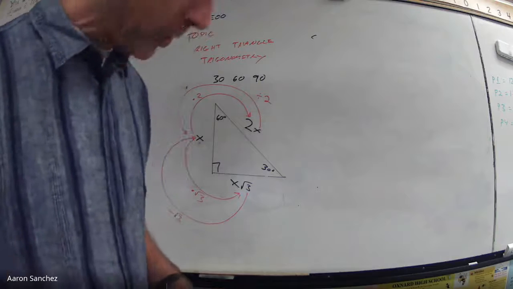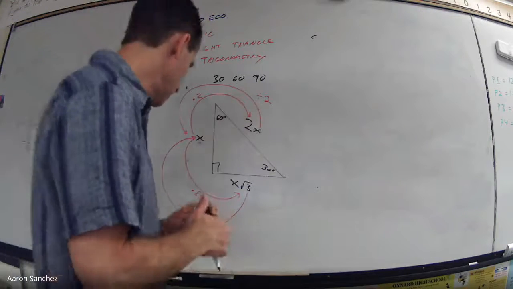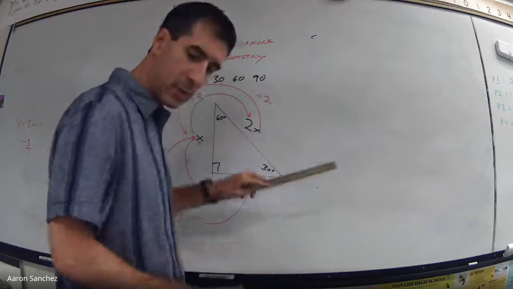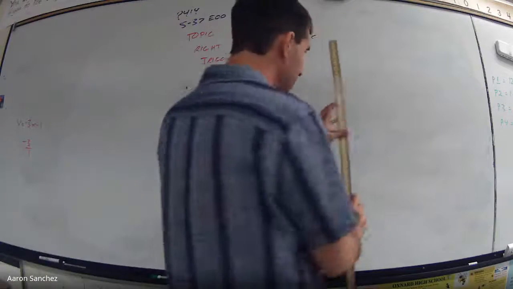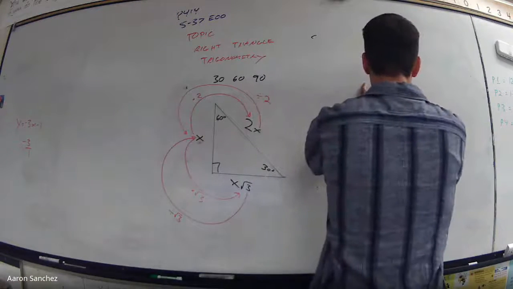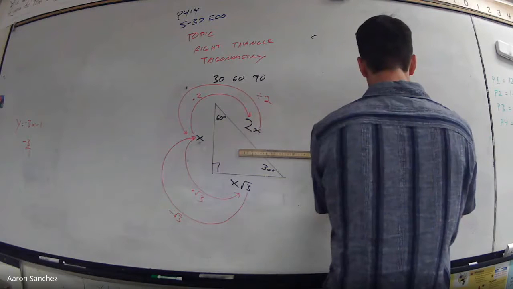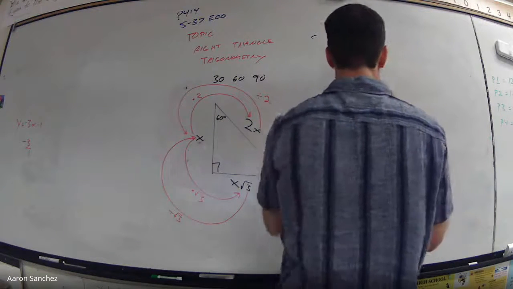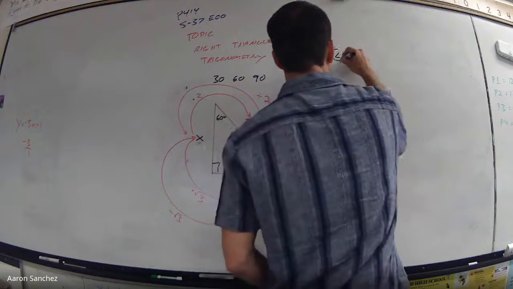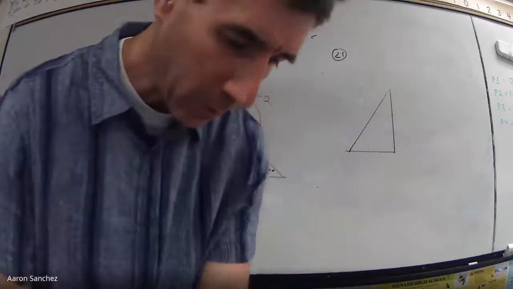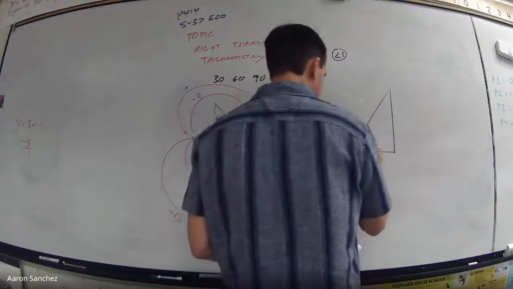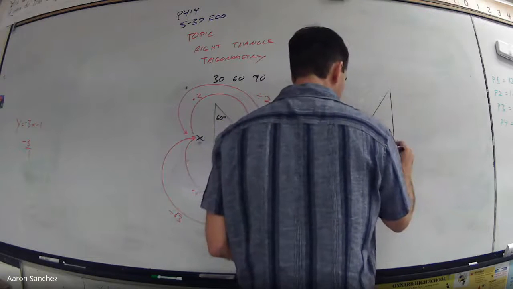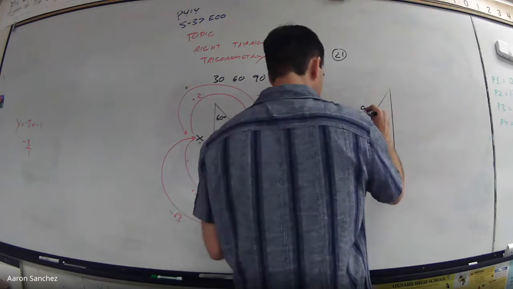So on 21, we're given a triangle. Now this triangle is not going the same way that I drew it. It goes like this. This is 21. I'm giving this side, this is 60 degrees. This is 90 degrees. This is 9.